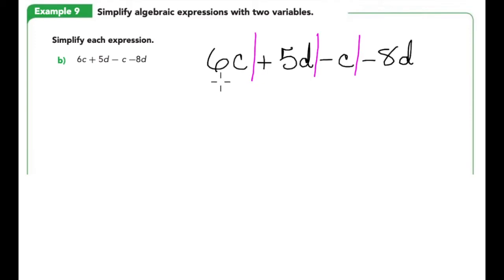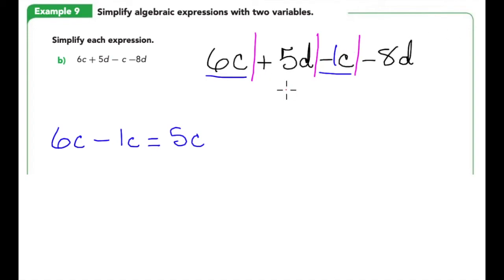So looking for our like terms, I have a c here, so I'll start with a positive 6c. And then I have a negative c. Because that is by itself, it has a coefficient of 1 here. So I need to understand that there's a coefficient of 1. And that's actually a negative 1 because it is a negative c. So I have 6c minus 1c, which leaves us with 5c.